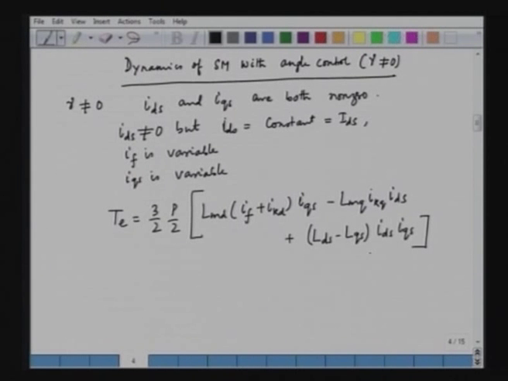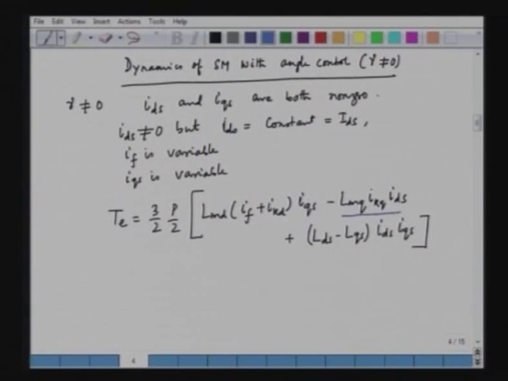So, if this is the torque expression, what are the terms that will be present in the torque expression? IDS is non-zero, so we cannot neglect this term, it will be present because IDS is present here. IQS is also present here.